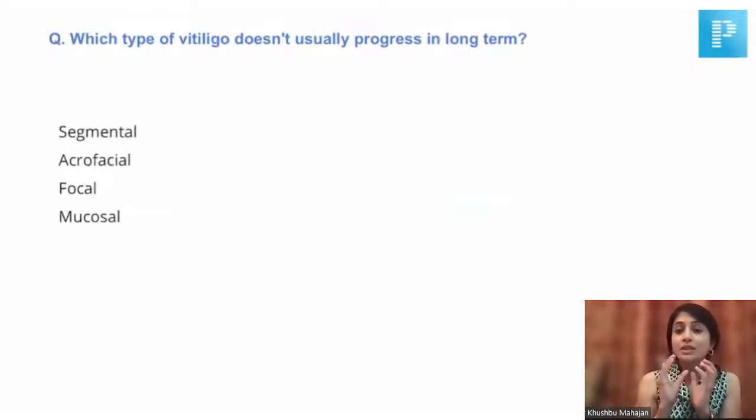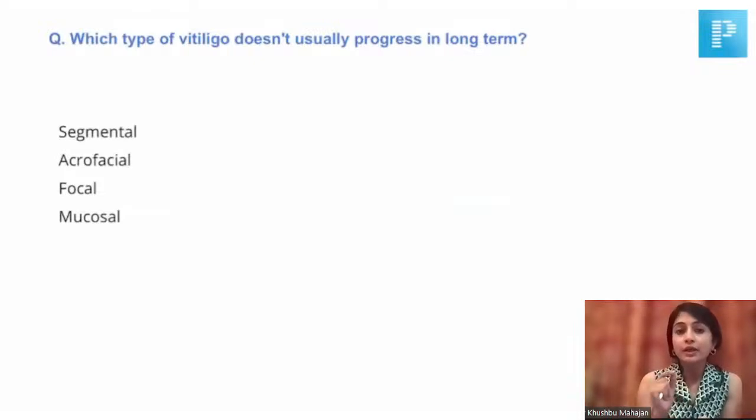It is present along a dermatome and is usually constant at that dermatome. It does not progress in long term. Whereas focal, acrofacial, and mucosal vitiligos are all forms of non-segmental vitiligo, which are acquired, which are autoimmune, and so they have a tendency to progress in long term, right?